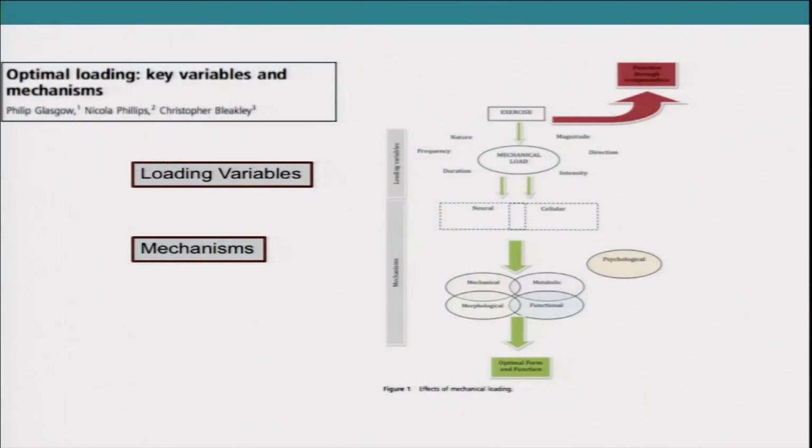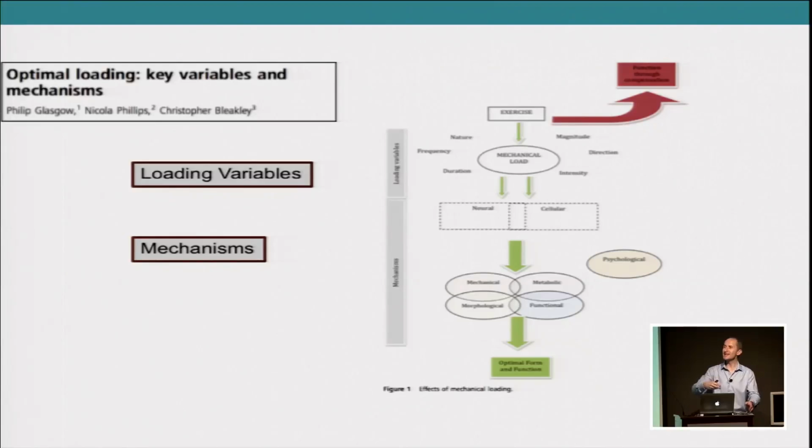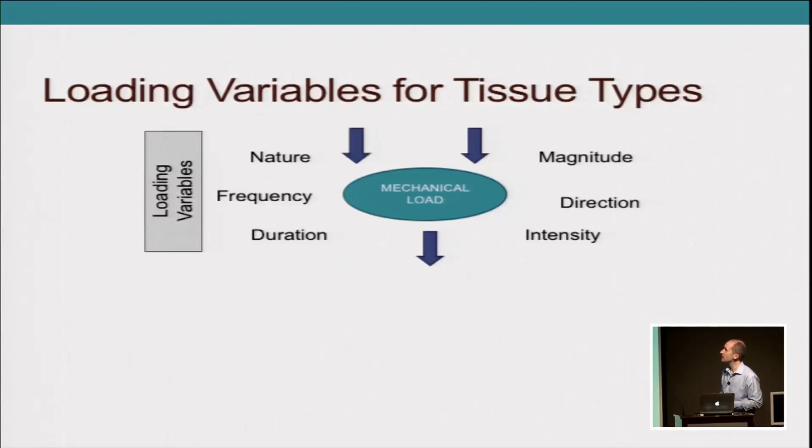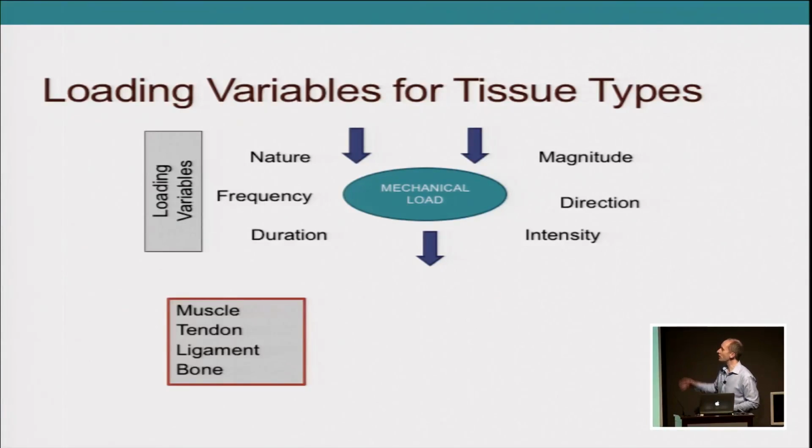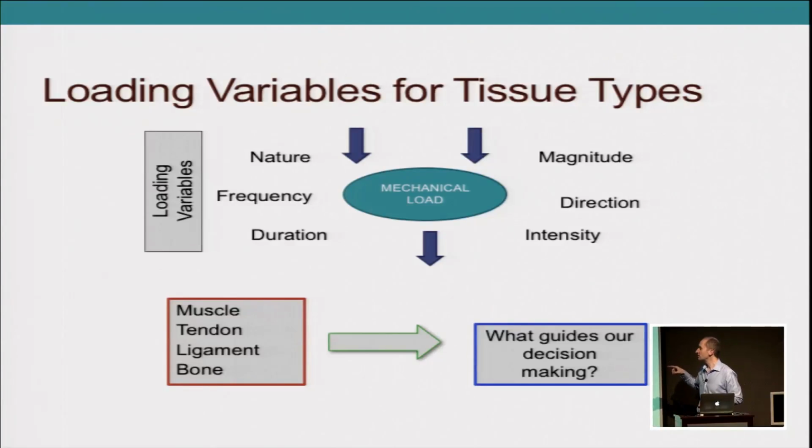We get changes in function, and always bearing in mind the importance of loading and exercise and movement, and the importance that has as a psychological component, and the experience of movement and the benefit for our patients. So if we look at some of those, first of all, and we consider some of those loading variables, how then can we make better decisions to address different tissue types?